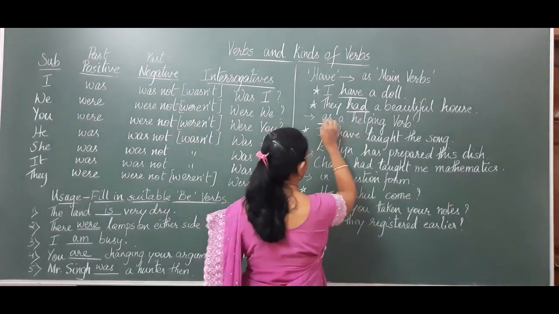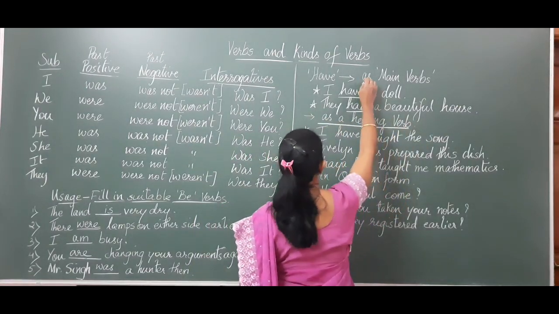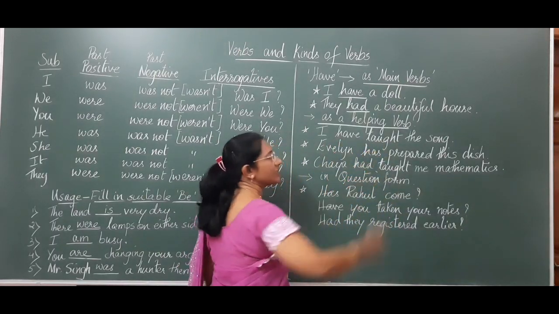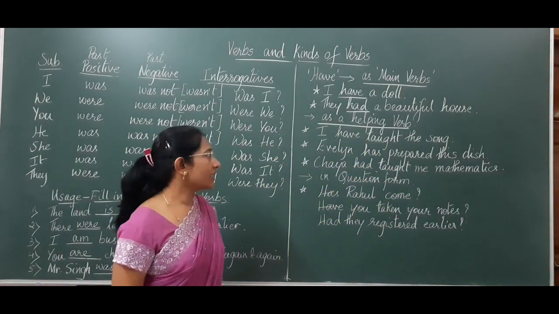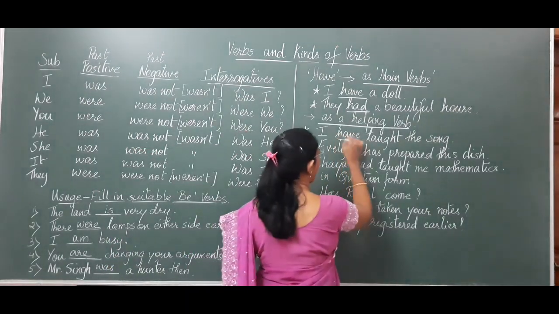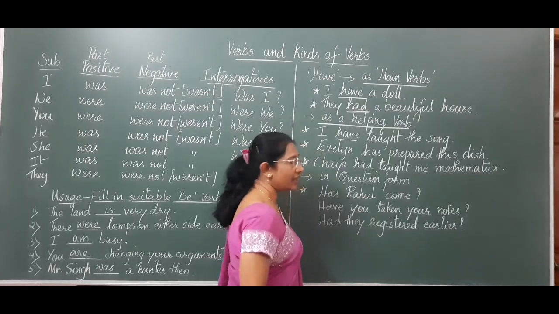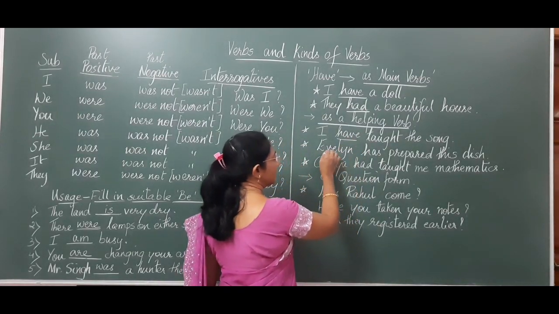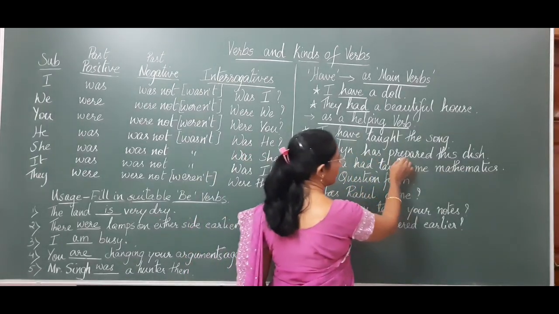Now, next we see have as a helping verb. I have taught. Taught is a main verb in the past tense, and you will use have to help the main verb. So it is playing the role of a helping verb. Evelyn has prepared.